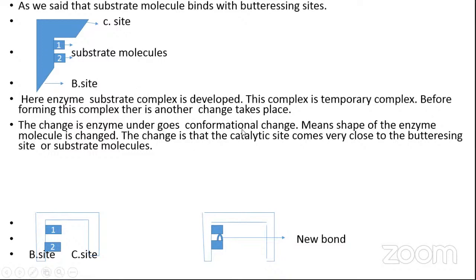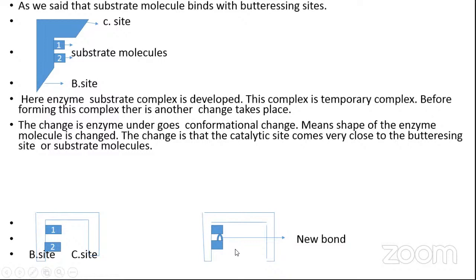After showing this conformational change, two things happen. One is that the catalytic site comes closer to the substrate molecules, and the second is that the catalytic site influences new bond formation between the substrate molecules.